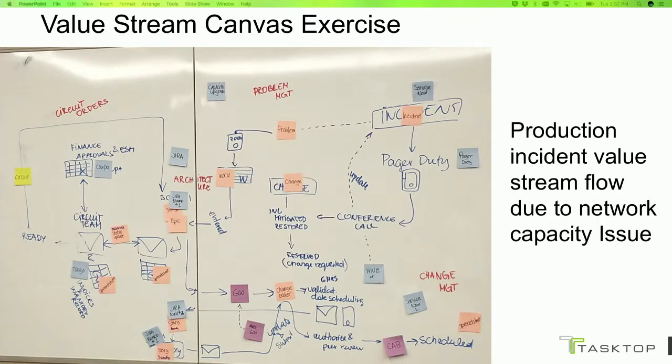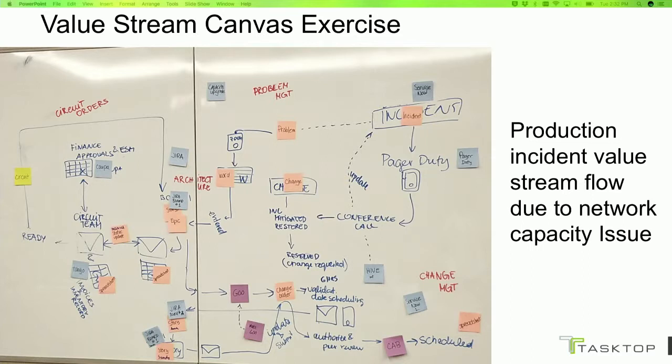And because we had leadership in the room looking at this, the net result was getting buy-in at a very high level to conduct some experiments to optimize this whole value stream. Not just optimize one piece of it, but optimize the whole thing. So that's what they're working on now.